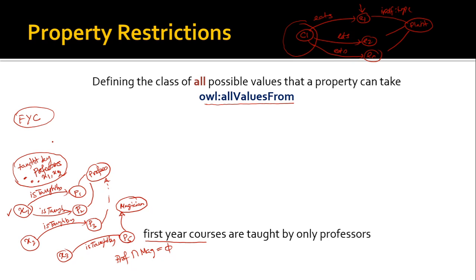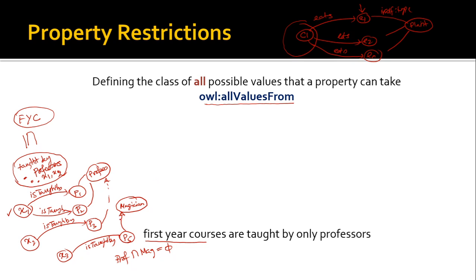In that sense, x1 and x2 would be the instances belonging to this anonymous class, and we are trying to say that FYC is a subclass of this class, right? This is exactly what we are trying to model here.